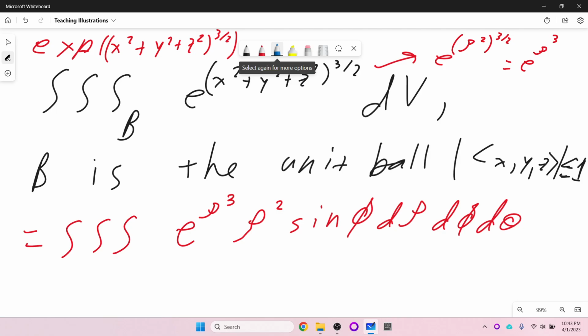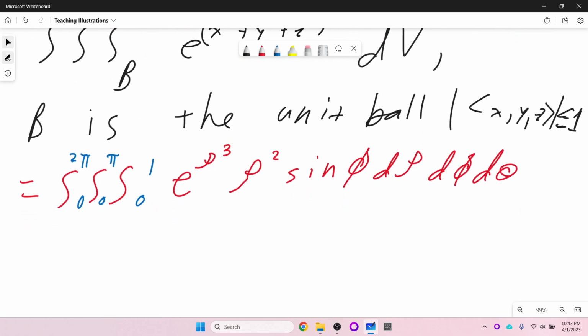So that means rho needs to go from 0 to 1. Phi goes from 0 to pi, and theta goes from 0 to 2 pi, because if we want to include everything in a sphere, theta goes from 0 to 2 pi, but phi only goes from 0 to pi. I think it would be a common mistake if you made them both 2 pi. Let's not do that.